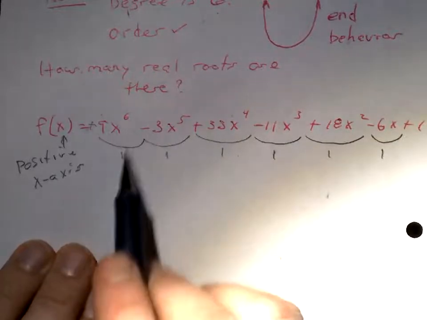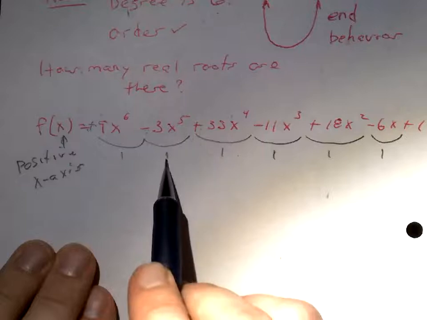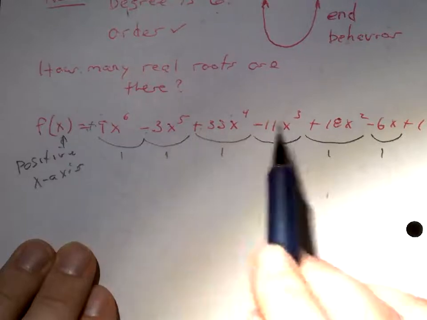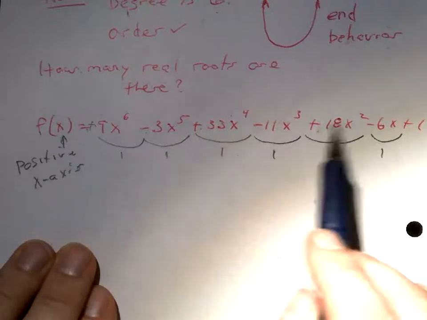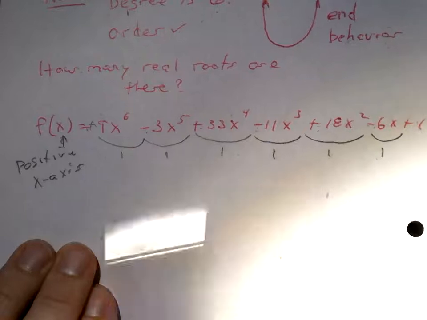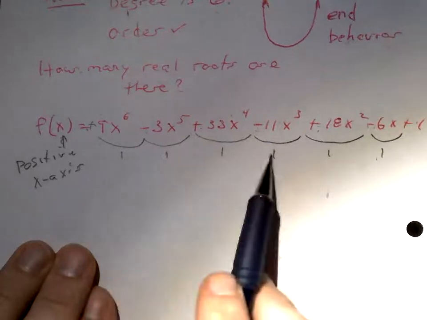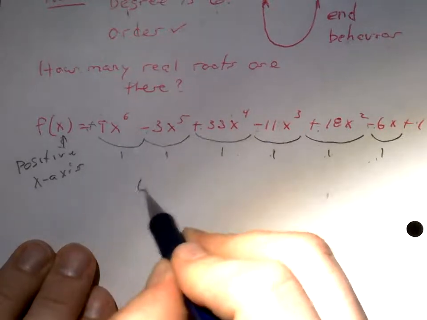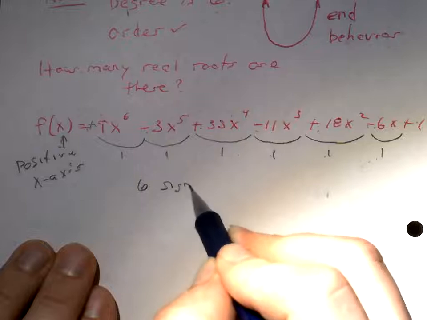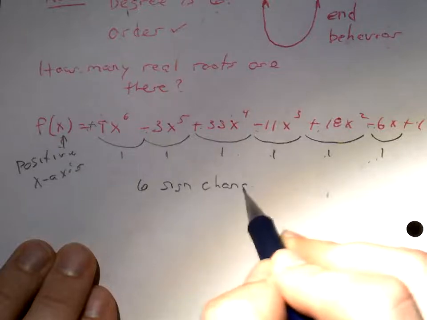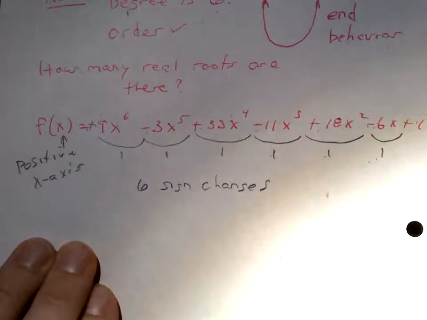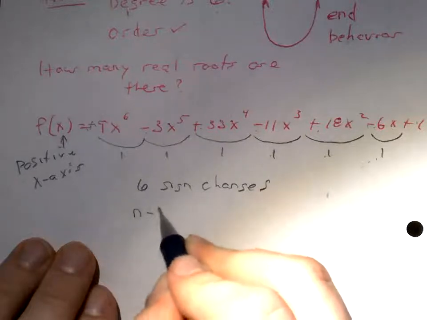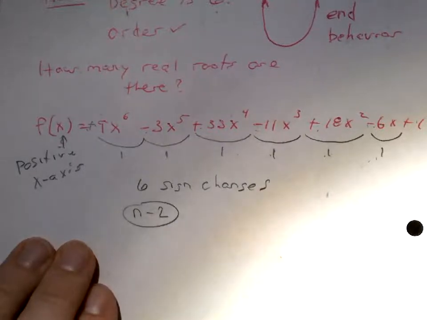So just make sure: 1, here to here; 1, here to here; 1, here to here; 1, here to here; 1, here to here; 1. So we have 1, 2, 3, 4, 5, 6. So we have 6 sign changes.